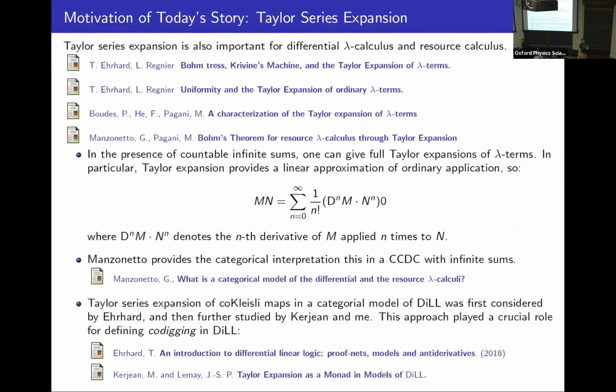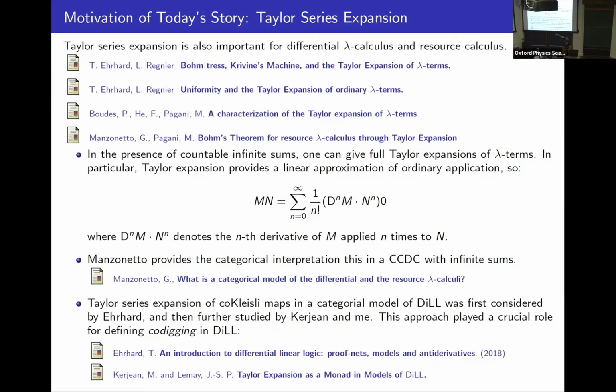Now, on the other side of things, the notion of Taylor expansion is an all-important concept also for the differential lambda calculus. The idea here is that in the presence of infinite countable sums, one can give the full Taylor expansion of lambda terms. And Manzonetto provides the categorical interpretation of this in a Cartesian closed differential category with infinite sums.